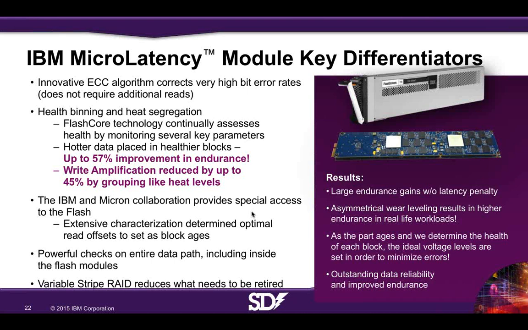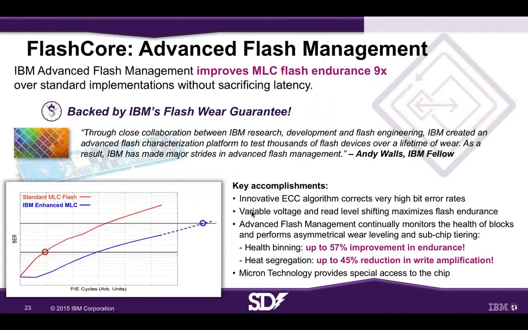But the other thing we get is a great boost in reliability, because by using this heat management and knowing where chips are going bad and being able to spread data and avoid cells that are starting to wear, or putting cold data in cells on chips that are starting to wear, we get a tremendous reliability and lifespan increase.